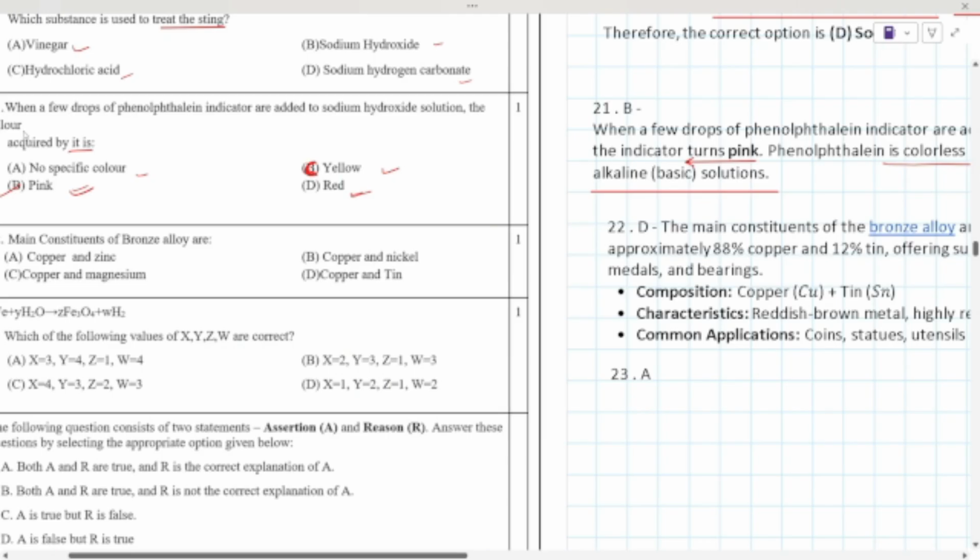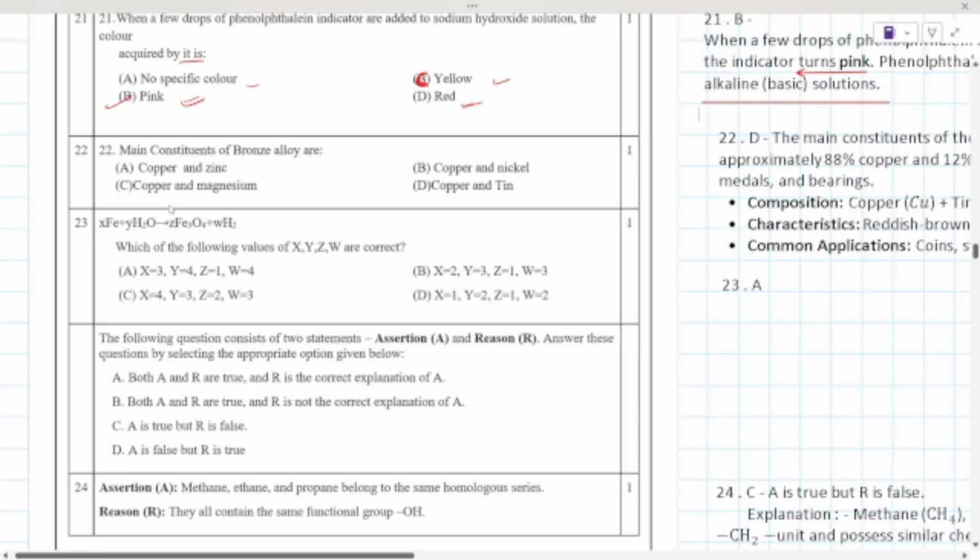Now, the main constituents of bronze alloy are: copper and zinc, copper and nickel, copper and magnesium, or copper and tin.